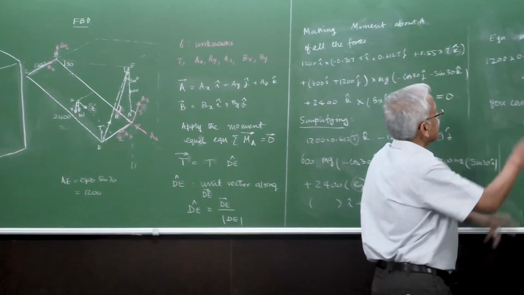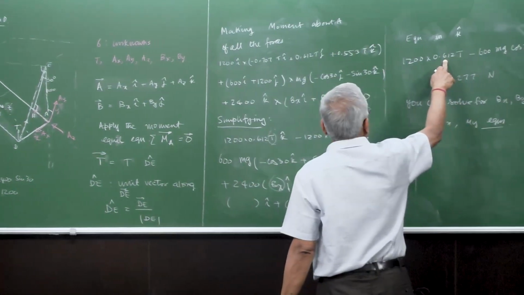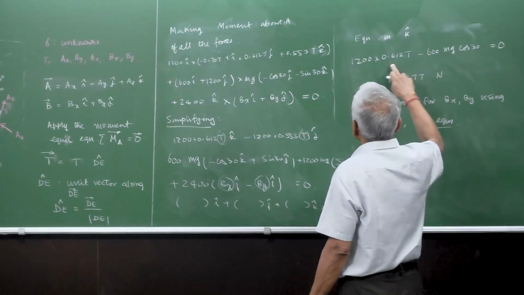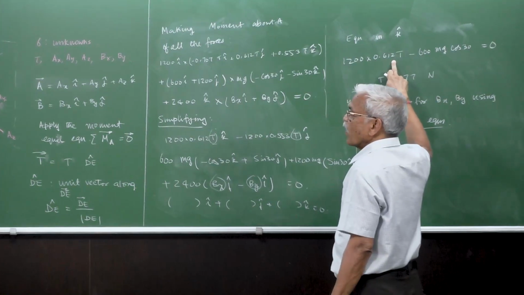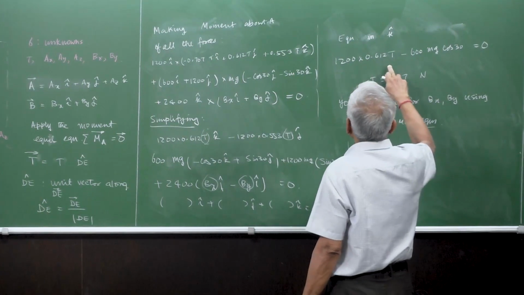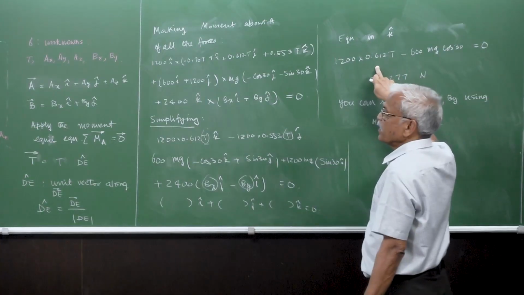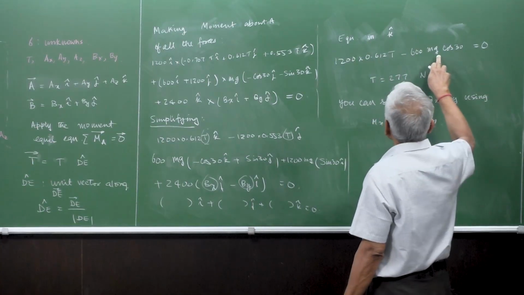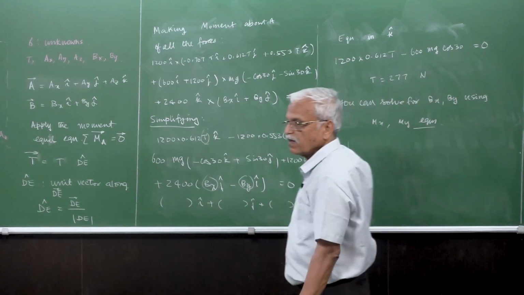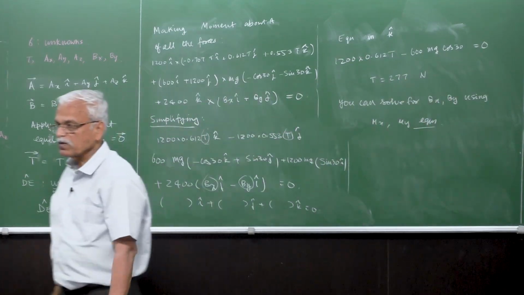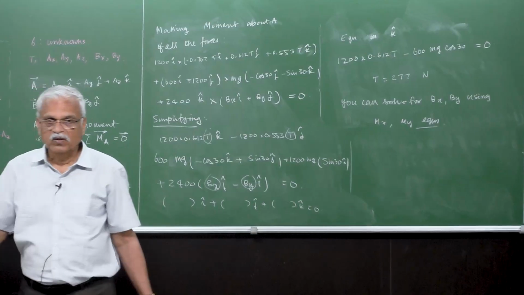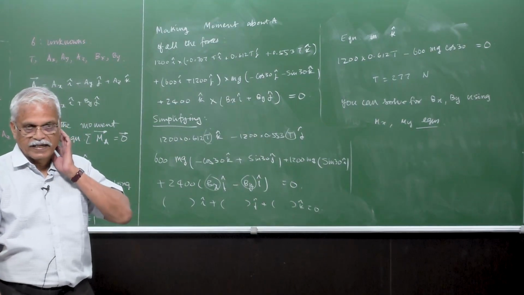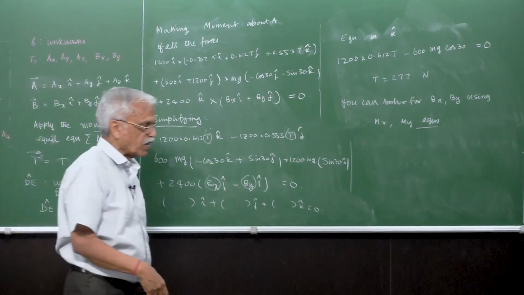This equation is just the y component of W, and this is the moment arm here, 1200, so you will have the moment about AB, and this is nothing but the moment of the weight about the axis AB. So you could also have done it that way. That is another smart way.